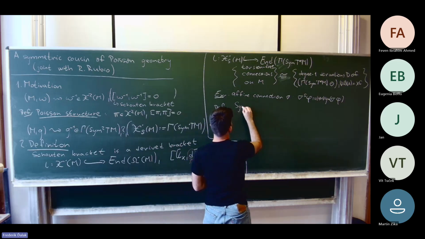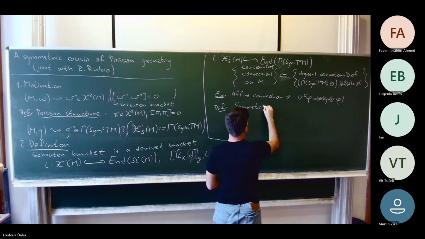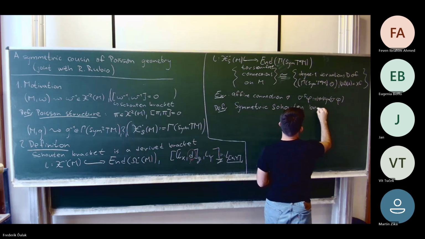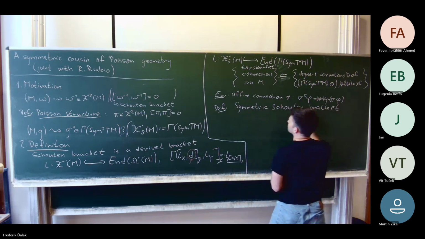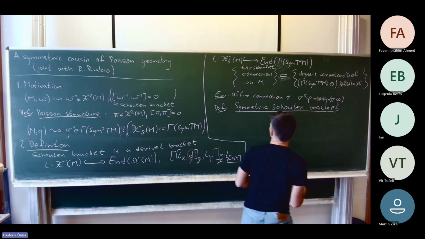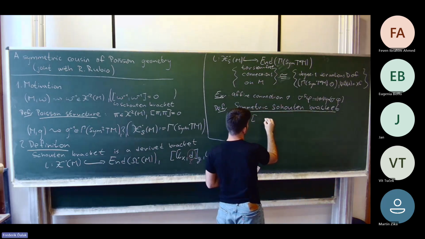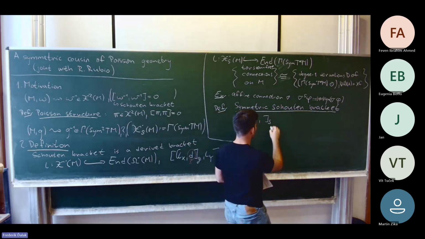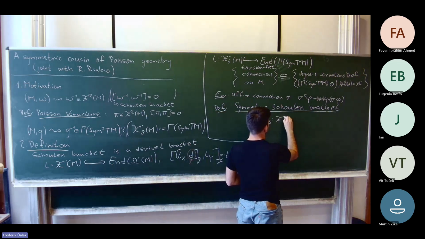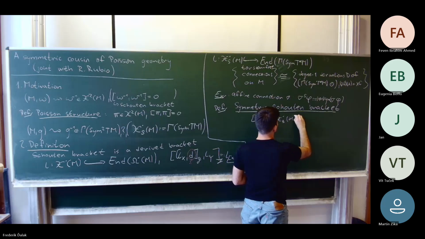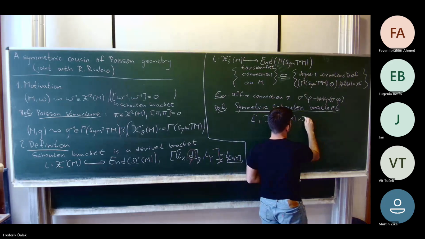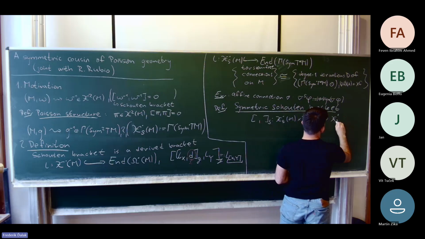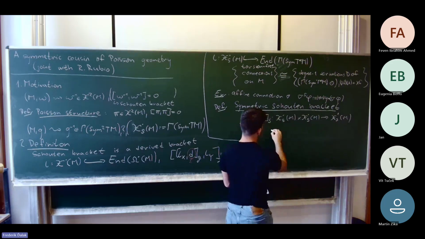So we define the symmetric Schouten brackets, which we denote by this symbol, and it takes two symmetric multivectors and gives another symmetric multivector, given by the following formula.